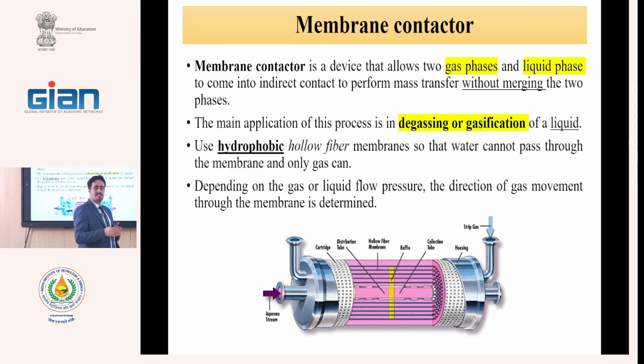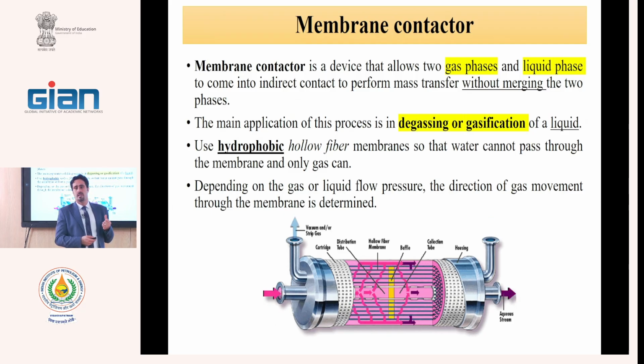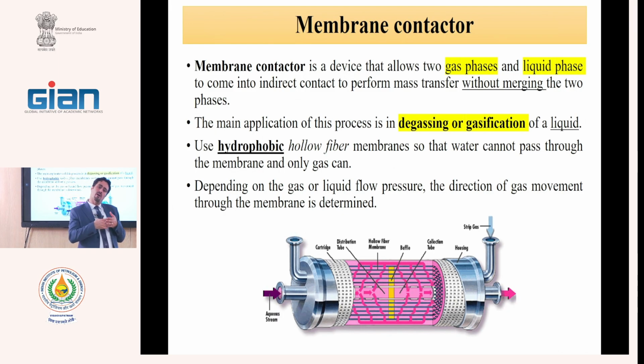But in this case, we have a direct contact, and I said that the membrane process is indirect. In this process, the loss of the amine solution is very low, and the contact between gas and liquid increases.